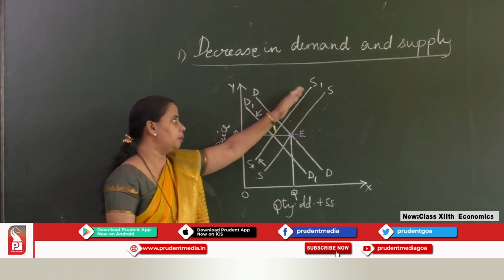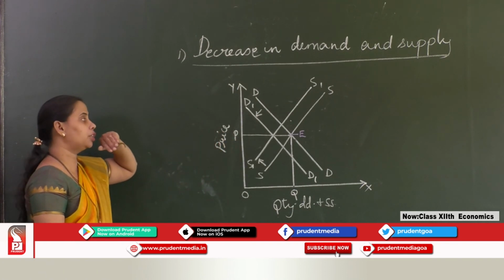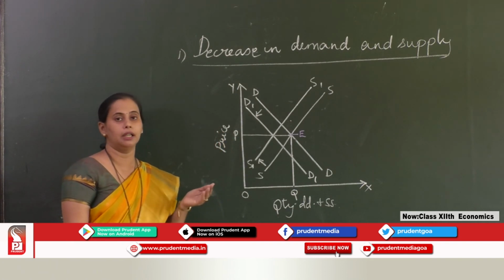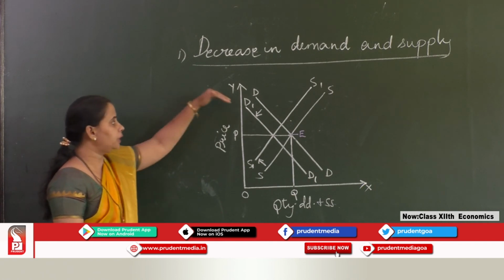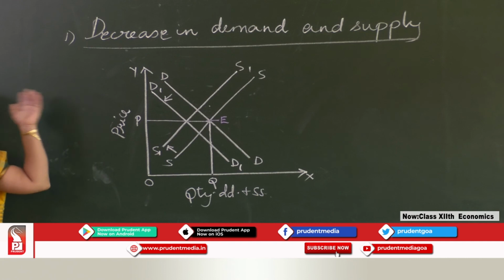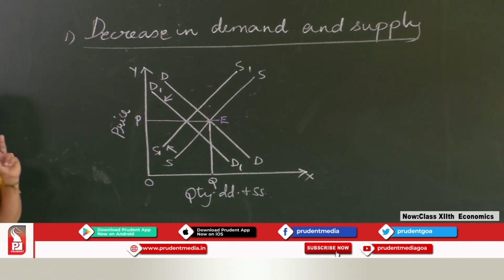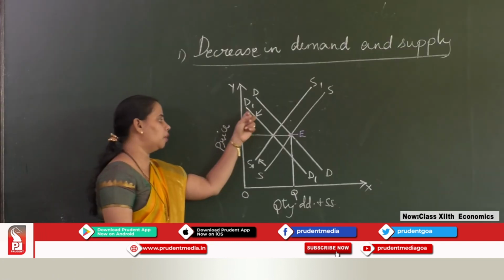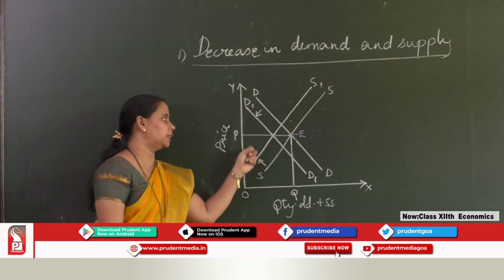The condition of equilibrium remains the same, that is the point of intersection between the demand curve and the supply curve. Since both have shifted proportionately, we will take the new two demand and supply curves, that is the curve D1 and the curve S1.